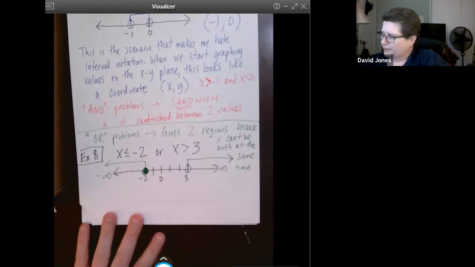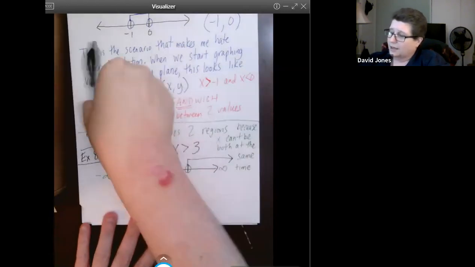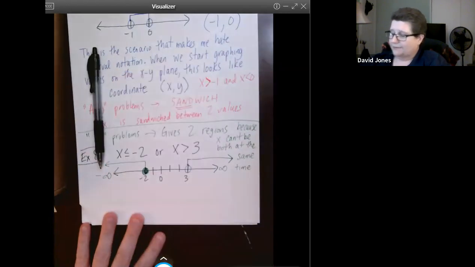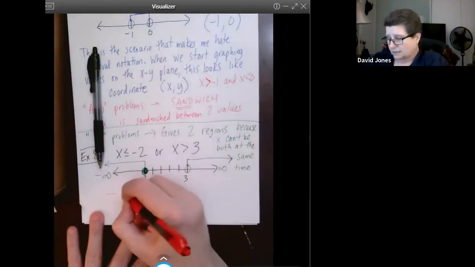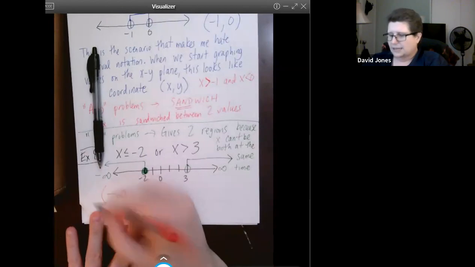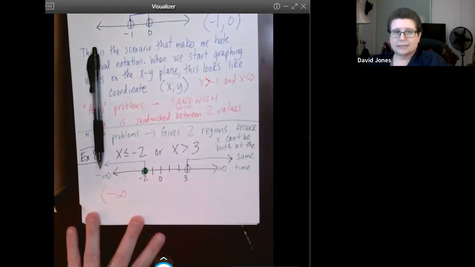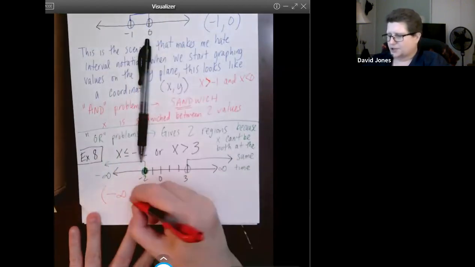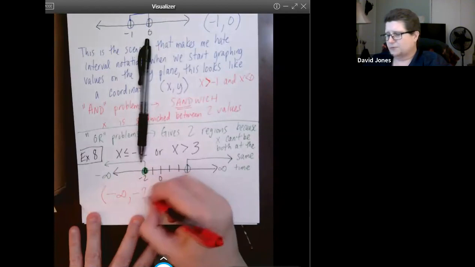Interval notation. Let's show you how we're going to do it. The interval starts immediately at -infinity. The infinities always get parentheses. The interval keeps going and it stops at -2. So I'm going to say comma -2.